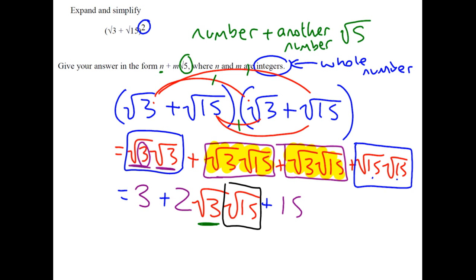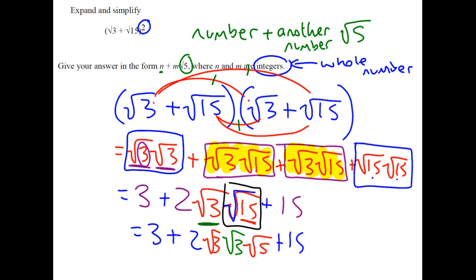They could be friends and they could combine together to make an actual whole number, the whole number 3. So we split 15 into 3 and times 5. Okay, and because of the surd rules, square root of 3 times 5 is the square root of 3 times the square root of 5. This root 3 has now got a new friend. This 3 and this 2 lots of it stays the same.